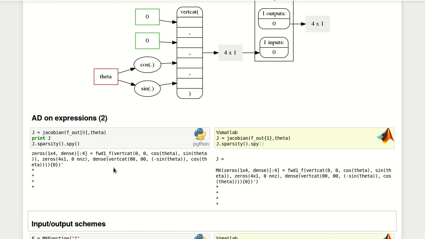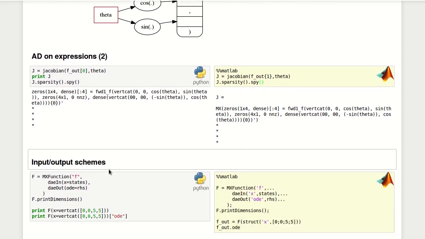So CasADi just picks forward or reverse or a combination of those to efficiently compute the full Jacobian if you ask for it. And it tries to do a good job of recognizing the sparsity and compacting the number of sweeps of sensitivities that are needed.